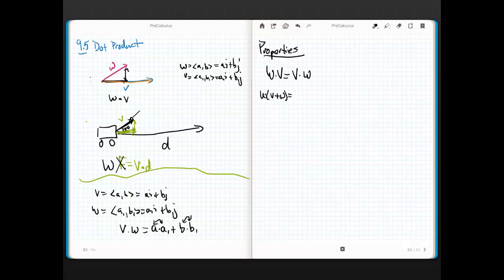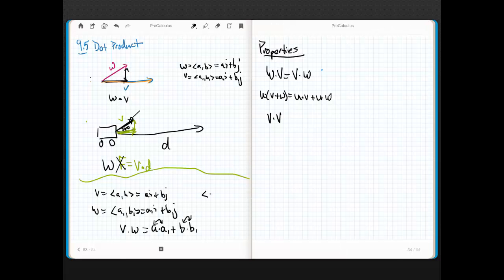If I dot U with the sum of two vectors, I can rewrite this as U dot V plus U dot W. And that opens up a whole world of prospects for us. All right, now what do you think this one is? What do you think that V dot V is?